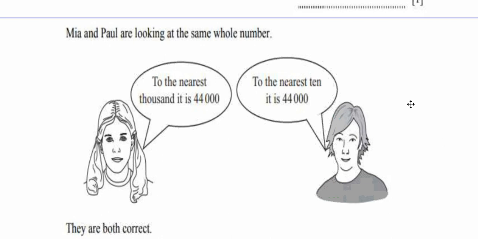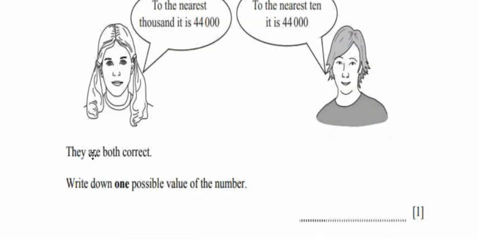To the nearest thousand, it is 44,000. To the nearest 10, it is 44,000. Oh, very good question. They are both correct. Write down one possible value of the number.